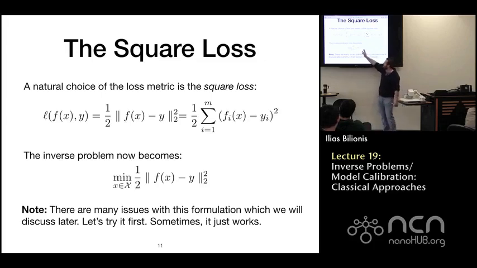Okay, there exists an analytic solution if f of x is linear in x. If f of x is not linear in x, then there's no analytic solution anymore. There's not even a unique solution. Okay, there's always a solution, but it doesn't have to be unique. It doesn't even have to be a good solution.